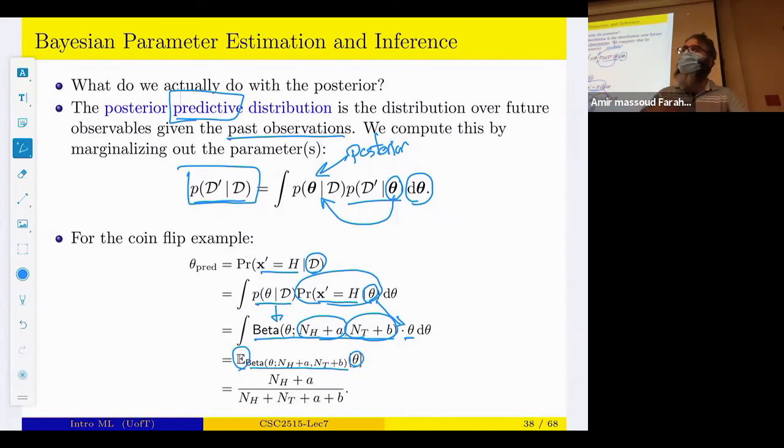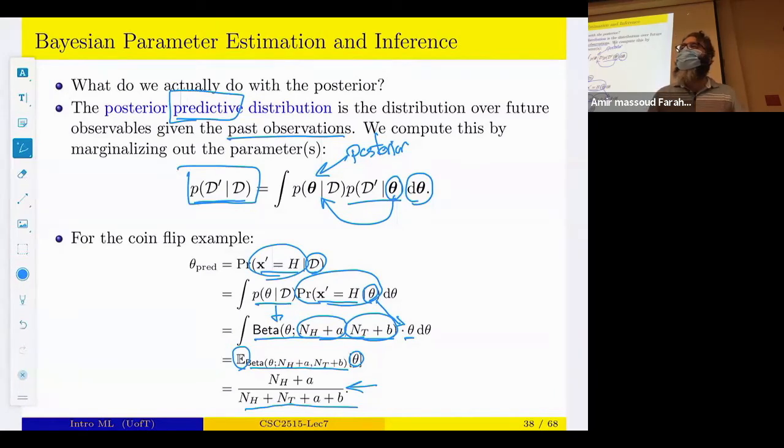We had that formula for the expectation of a beta distribution, which is nh plus A divided by nh plus nt plus A plus B. This is the probability that the next coin flip would be head, conditioned on the data we had seen before, and it depends on our prior belief, which is encoded by A and B.